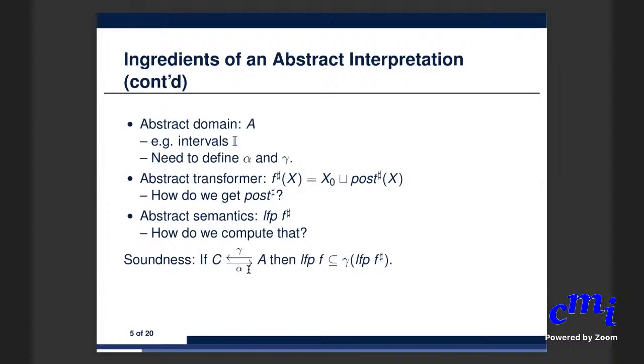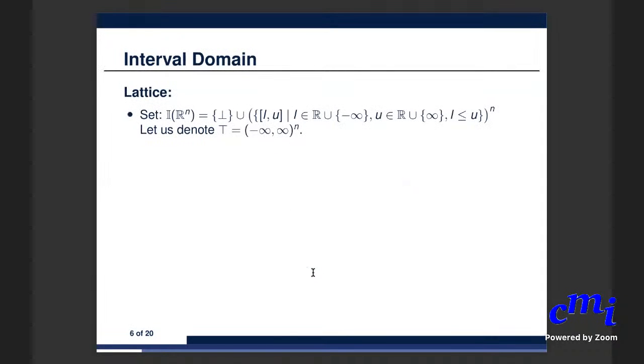That's where you rely on the soundness theorem for abstract interpretation: if the concrete domain and the abstract domain, which is characterized by the alpha gamma pair, form a Galois connection, then you can always compute the LFP over the abstract domain and be sure that whatever you get will be an over-approximation of the fixed point in the concrete domain.